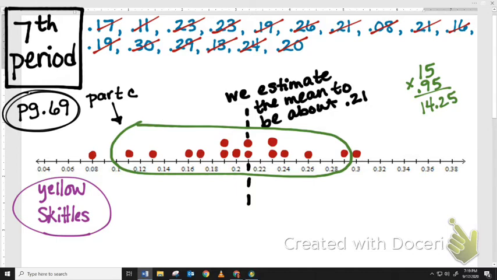Does anybody remember the company that makes Skittles has said what percentage of each package is yellow? Does anybody remember what that was? 20%. Skittles says 20% of each package is yellow.